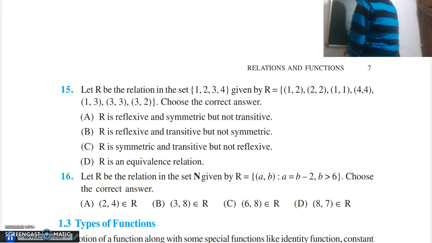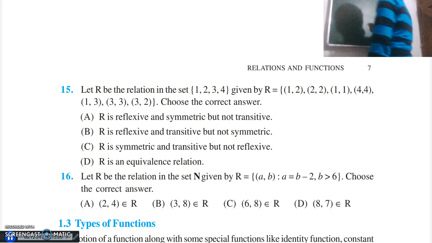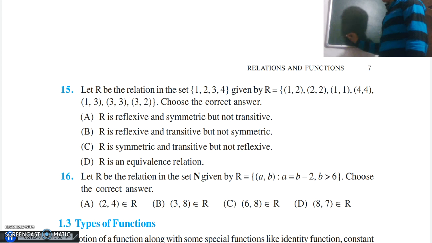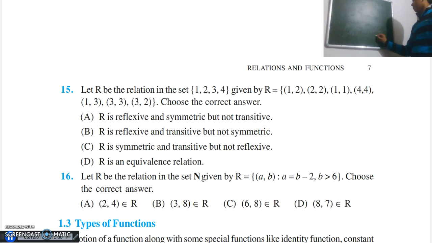In the starting, for relations, I said A and B are two non-empty sets. Now I would name this. The first one would be pre-image, before image, and the second one would be image. And the pre-image would be the domain, and the image would be the codomain.